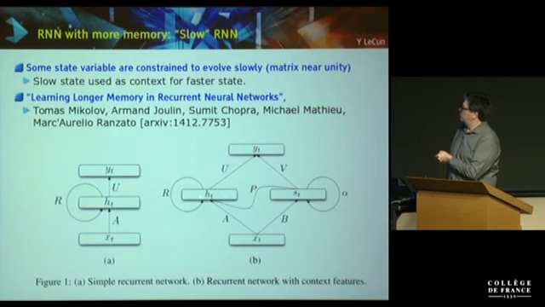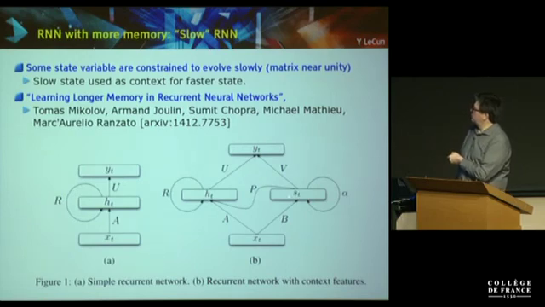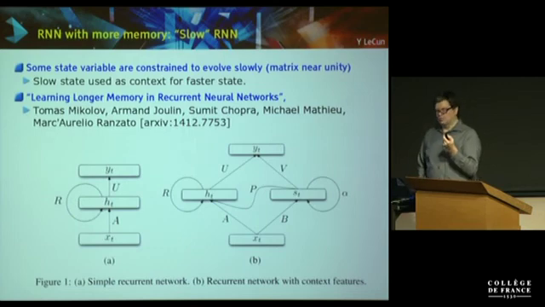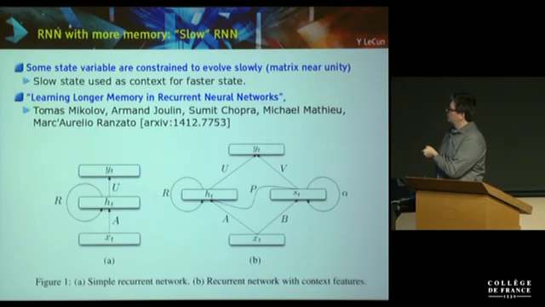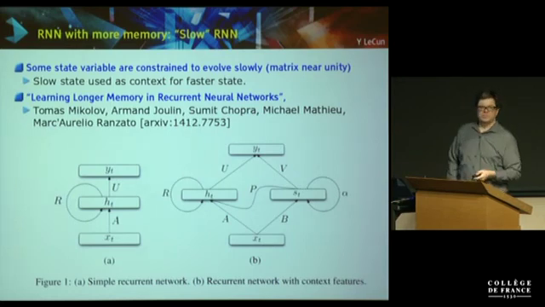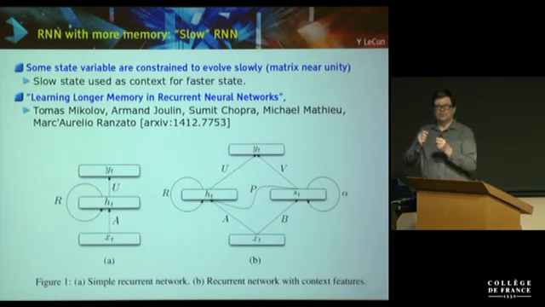One recurrent category that is updated at the normal speed, and another set of units that evolve, well, slowly, according to your requirements. Now the state of this set of units cannot change very quickly. And this is imposed by the fact that the matrix updating these units is very close to the identity.